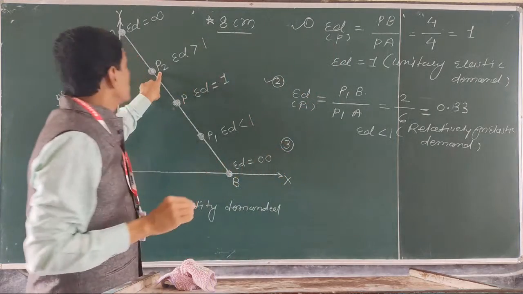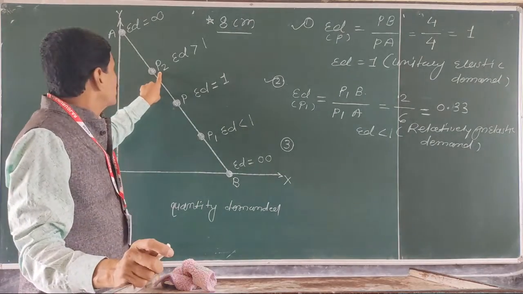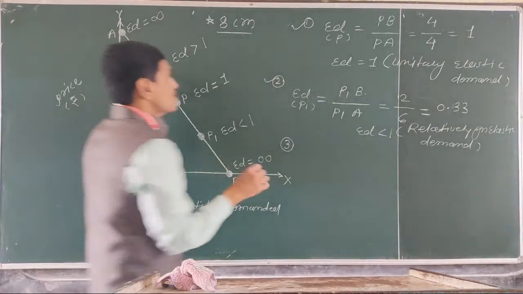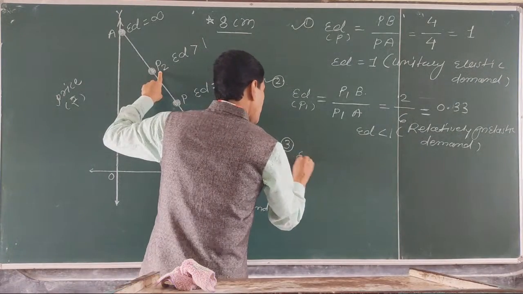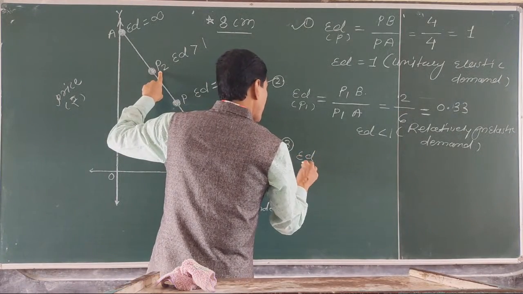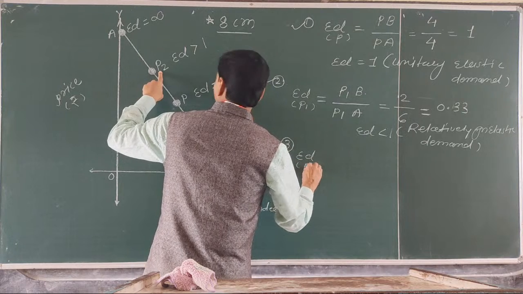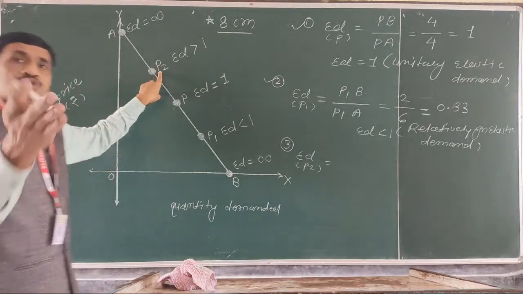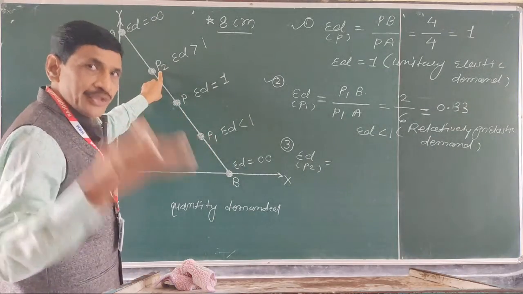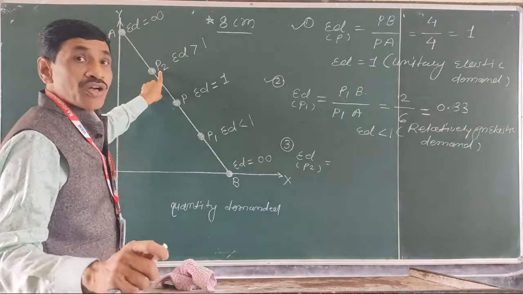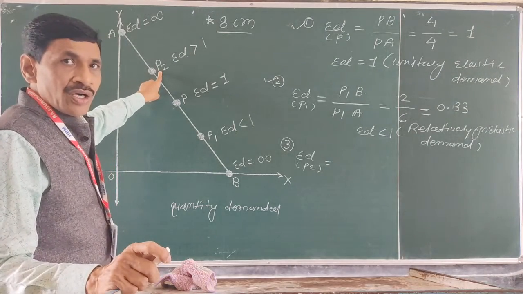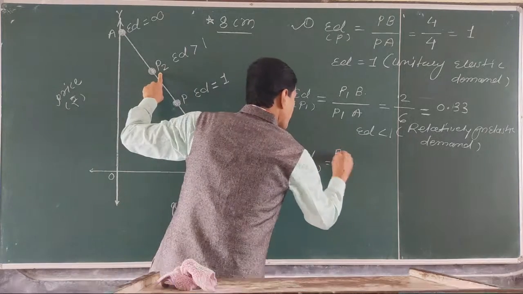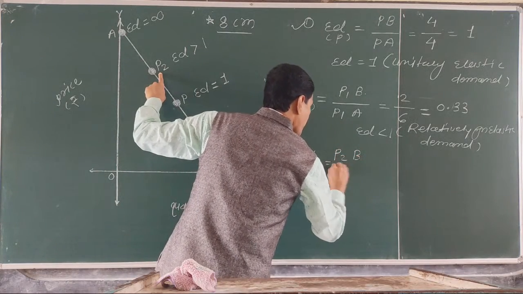Then you measure the elasticity of demand at point P2 on the demand curve. So ED at point P2 is equal to, use the formula L upon U. What is the lower segment on the demand curve below the given point P2? Look at P2B.